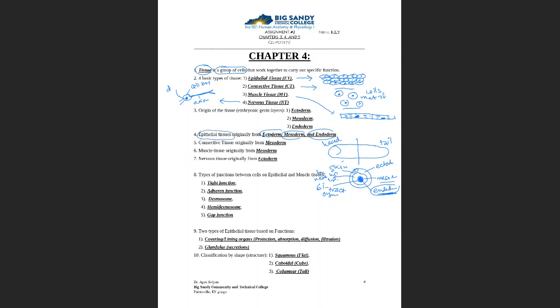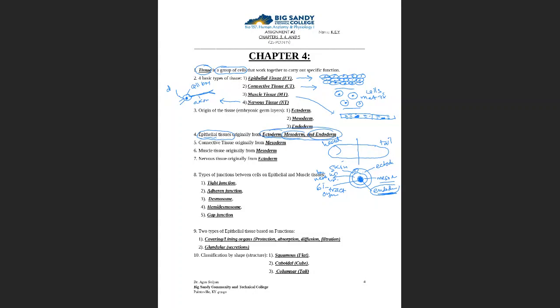So your GI tract, your esophagus, your stomach will have epithelial tissue on it, right? Your liver, the heart will also have epithelial tissue. Your skin, of course, it has epithelial tissue. Okay, so that's the reason why epithelial tissue is coming from all three germ layers.